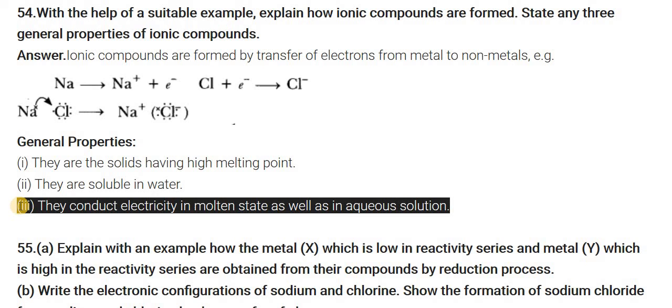In that I already gave the brief information that in the molten state they possess free ions, and these free ions are responsible for conducting electricity, and the same in aqueous solution too. But if it is in solid form, then it is not able to produce free ions. That's why it is not able to pass electricity.